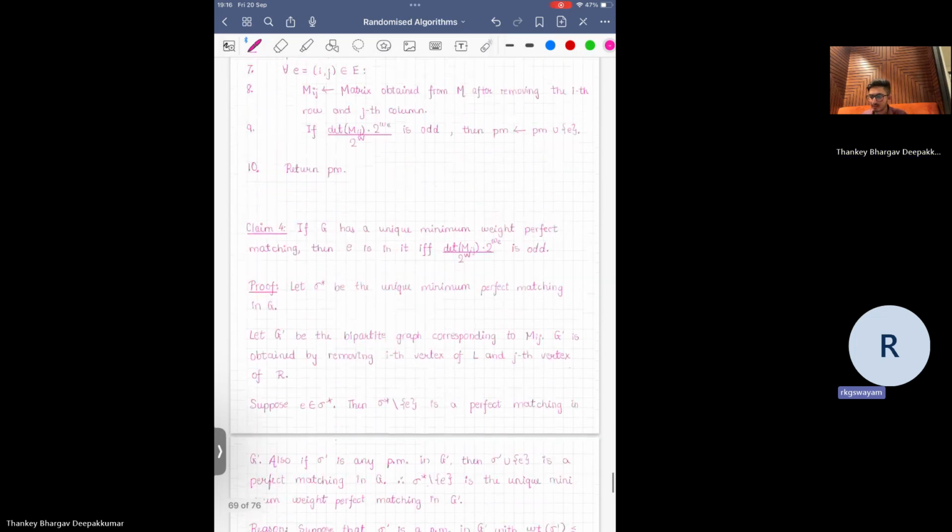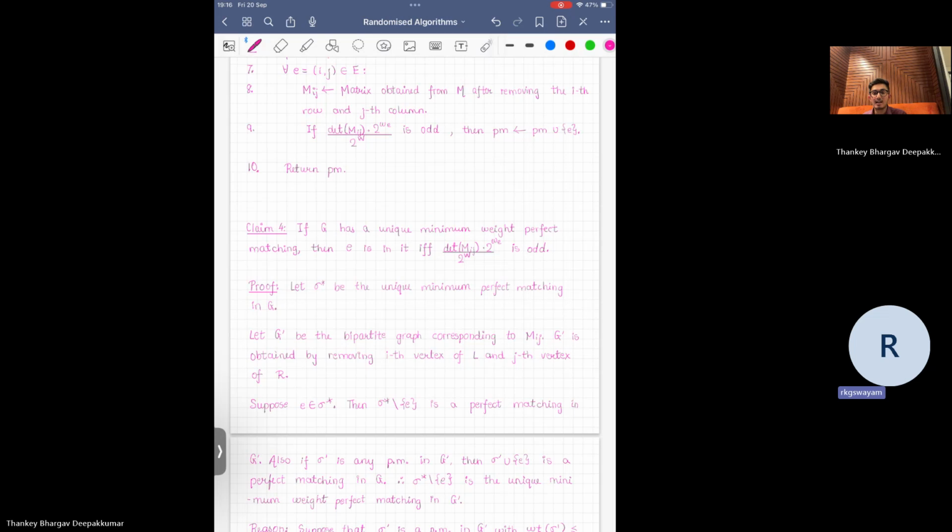The claim assumed that G has a unique minimum weight perfect matching, so then you would only output that perfect matching. So the question is, how reasonable is the assumption that G has a unique minimum weight perfect matching?